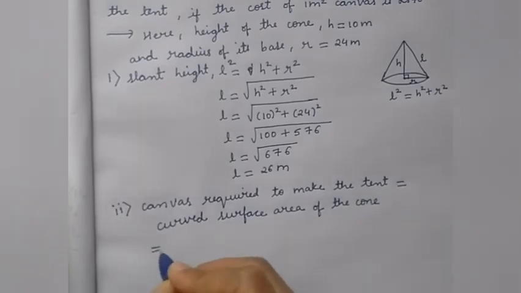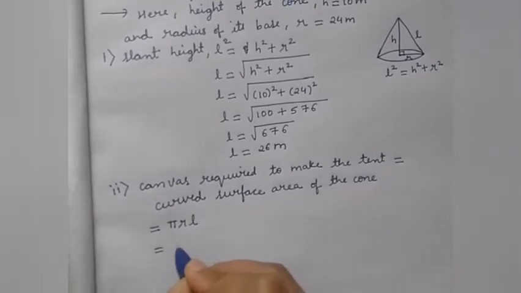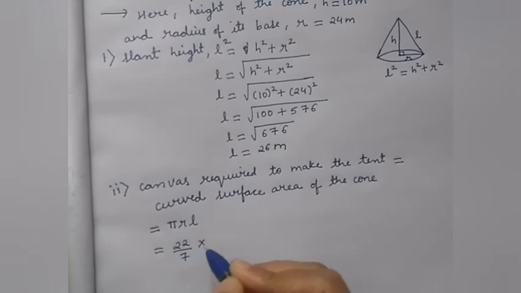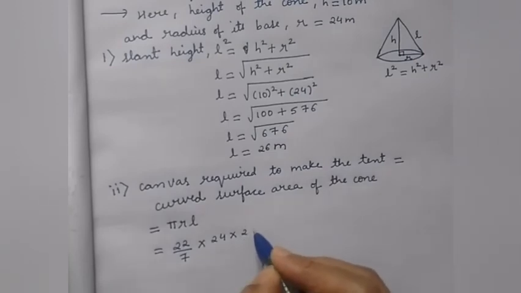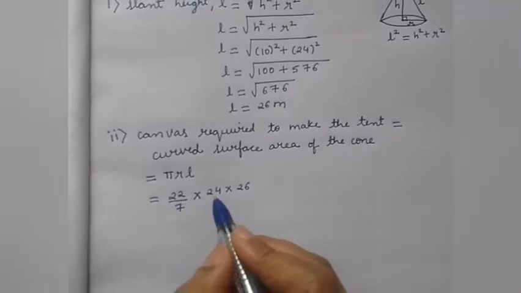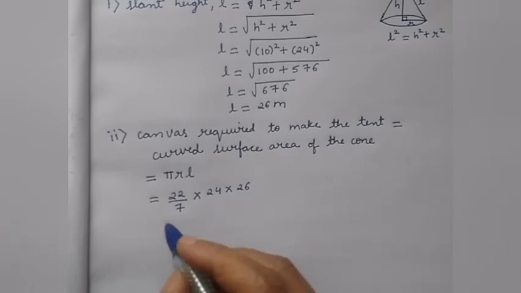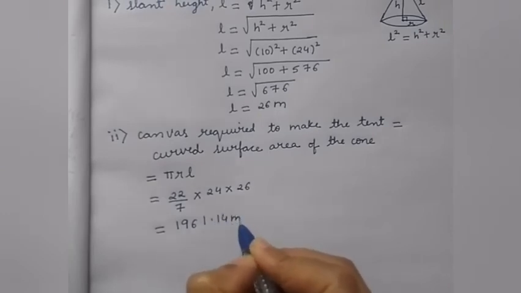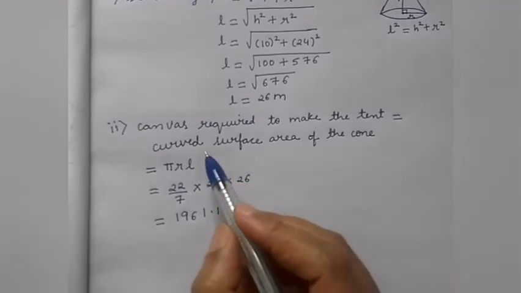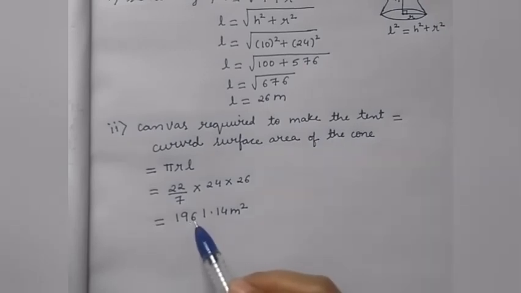And the curved surface area of the cone formula is given by pi r L, that is equal to 22 divided by 7 into r, given as 24, into L, which we just obtained, equal to 26. Now 22 into 24 into 26 divided by 7 will be equal to 1961.14 meter square. Therefore, the curved surface area of the cone is 1961.14 meter square.